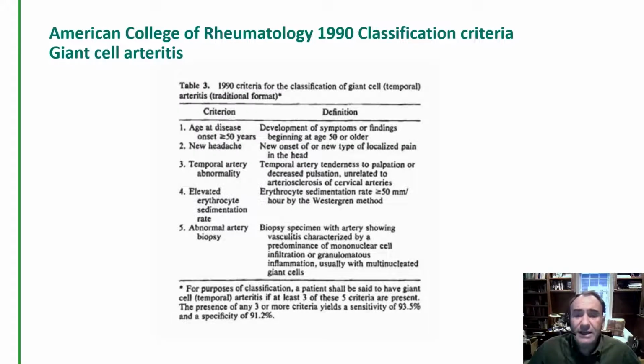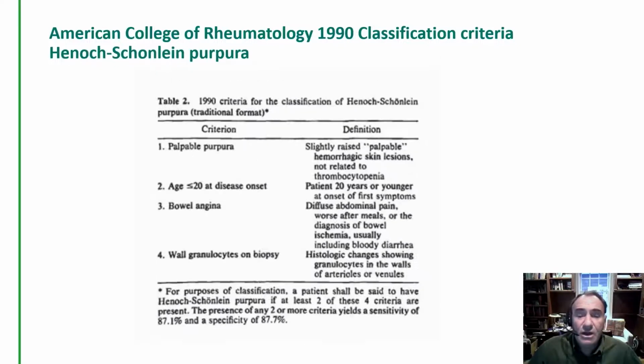Giant cell arteritis criteria, 1990, once again, 5 items listed here. Age over 50, new headache, temporal artery abnormalities, either tenderness to palpation or decreased pulsation, elevated sed rate, the lab test as we expect, over 50, not necessarily has to be that high, and an abnormal biopsy. So for classification purposes, they had giant cell arteritis if they had at least 3 of these 5 criteria present.